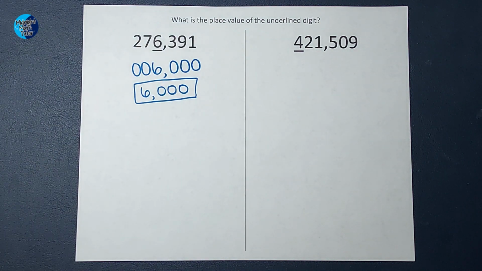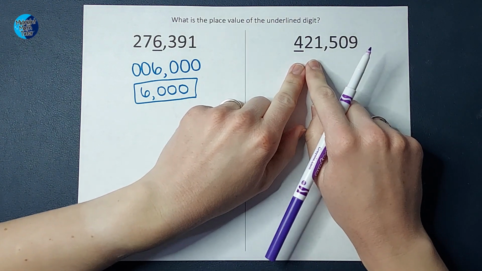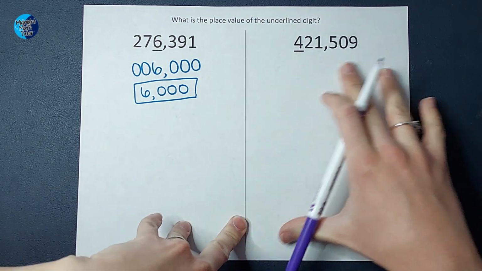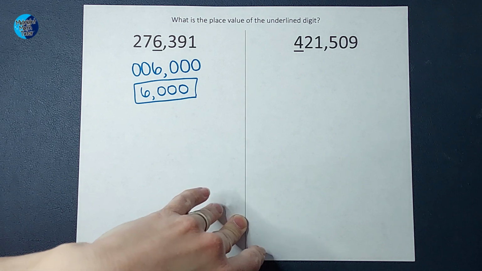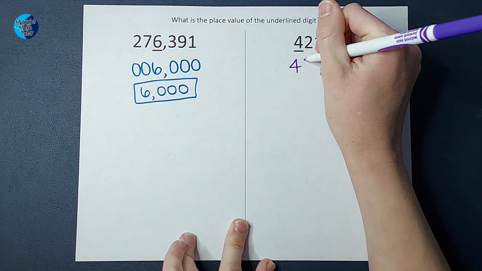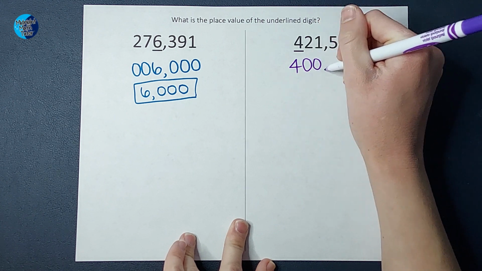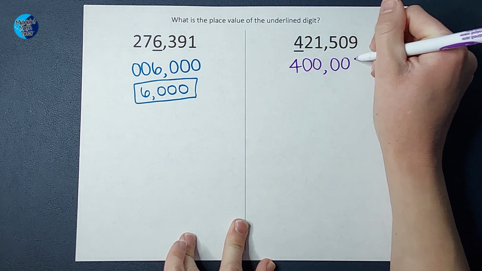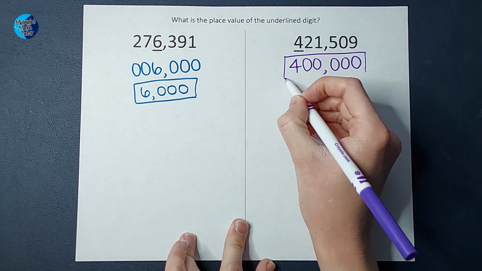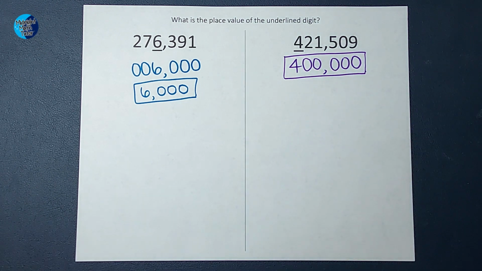So if your student's like, mom or dad or grandma or whoever, I don't understand what they're asking me. You can say they want to know what this number would be on its own if everything else were zeros, right? So if I had that 4 and everything else were zeros, meaning that would be 400,000 if the 4 were the only number there.